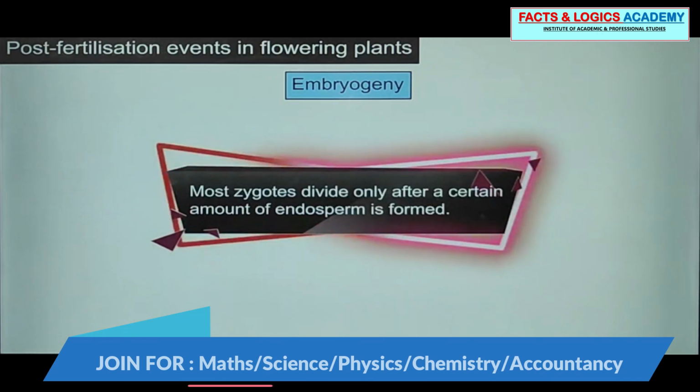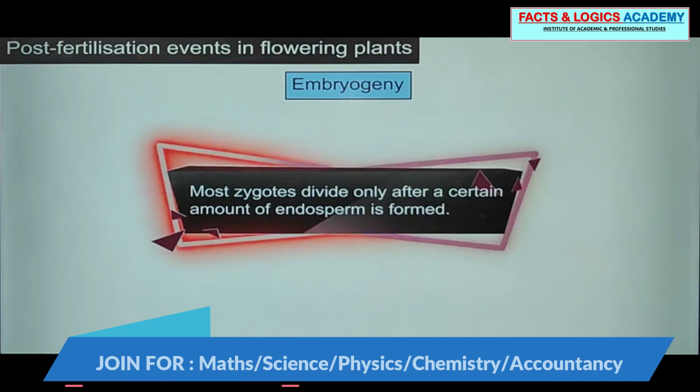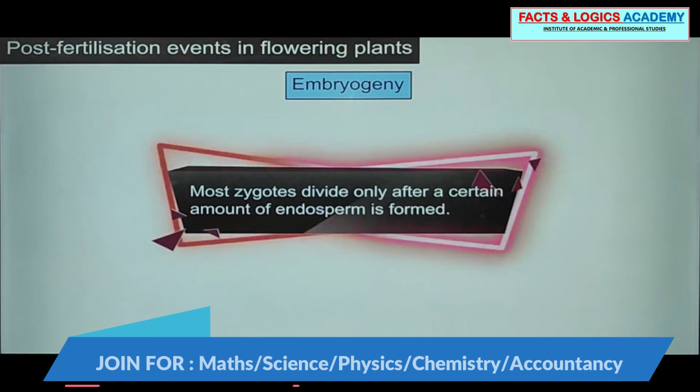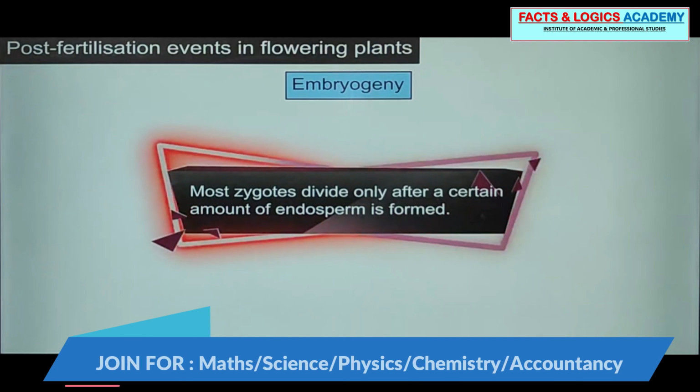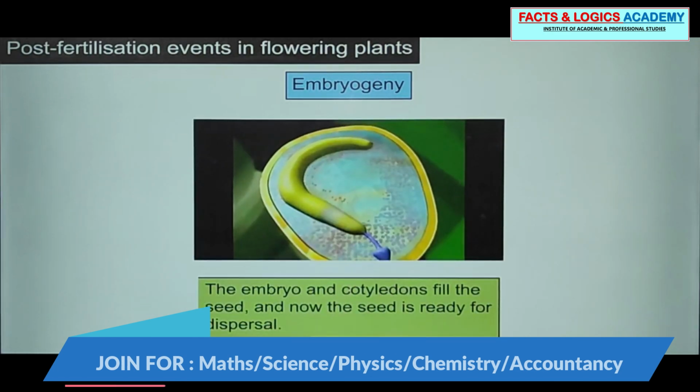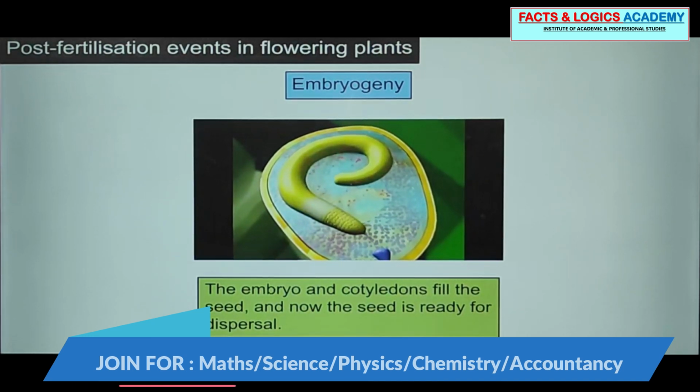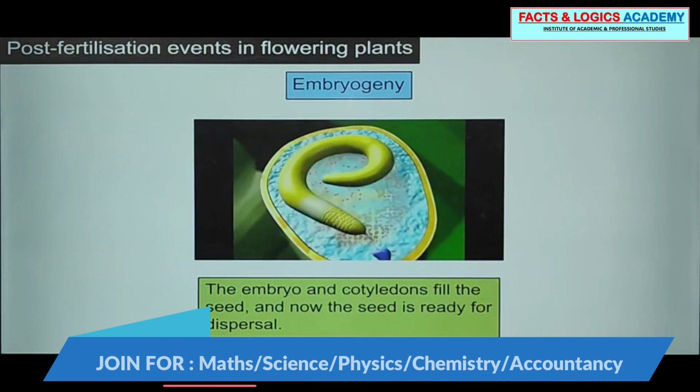Do you know most zygotes divide only after a certain amount of endosperm is formed? Well, yes. This is an adaptation to provide assured nutrition to the developing embryo. As the embryo and the cotyledons enlarge, they become crowded inside the developing seed and are forced to bend. Ultimately, the embryo and the cotyledons fill the seed, at which point the seed is ready for dispersal.